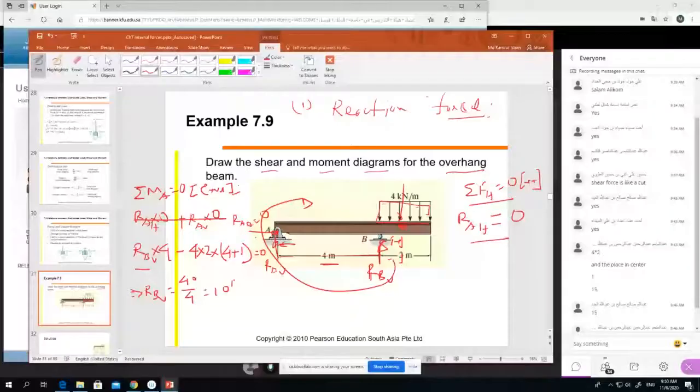So 40 divided by 4 equal to 10 kilonewton.